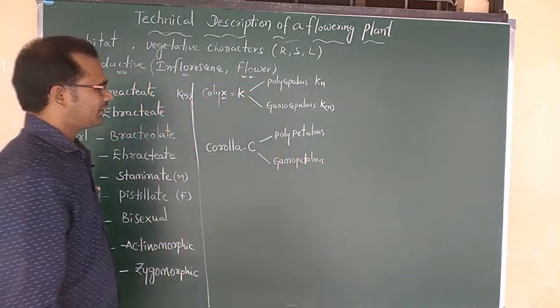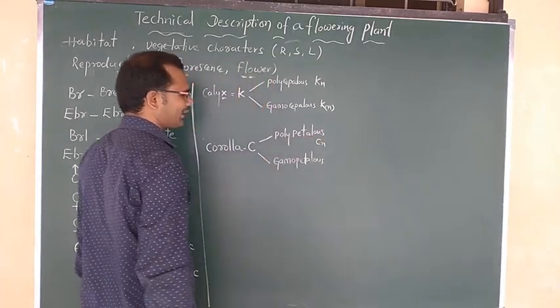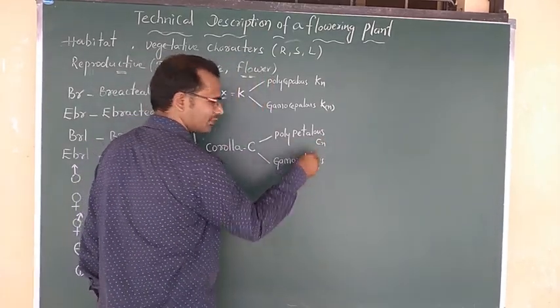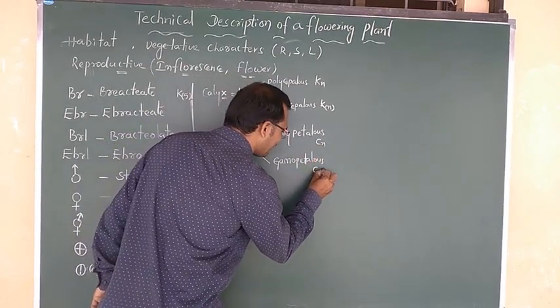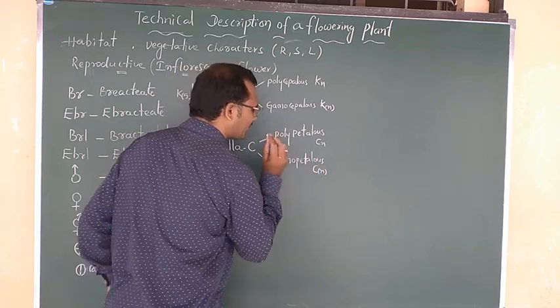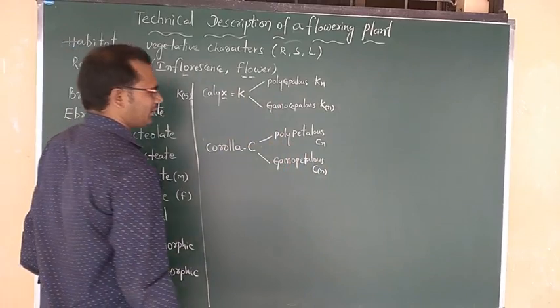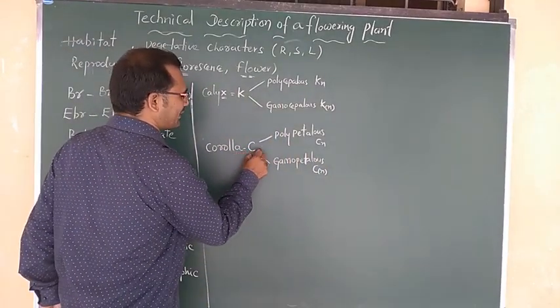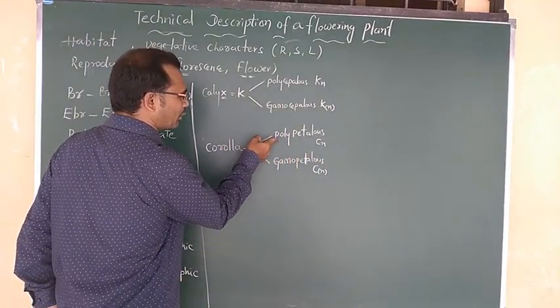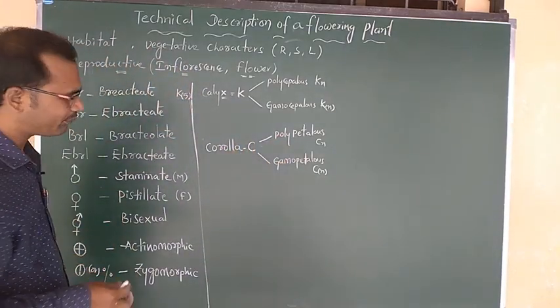Same symbol. Cn is there in case of C5. This is called polypetalous. Cn keeping in the bracket, number of petals in the bracket, what do you call that one? Gamopetalous. That's why with the help of this symbol we can easily differentiate whether that flower is polypetalous or gamopetalous.